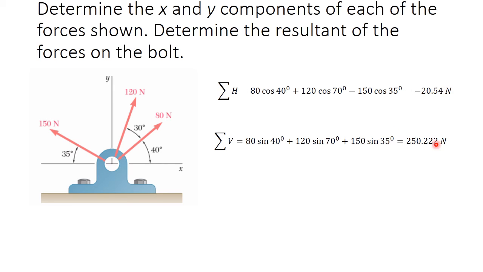So I'll get the values of the net horizontal force and net vertical force. Now you can find out the resultant and the inclination of the resultant with the x axis. In this manner we can calculate. Okay.